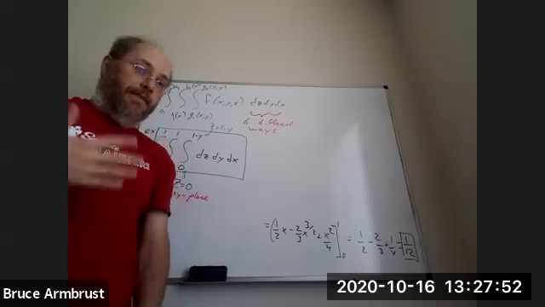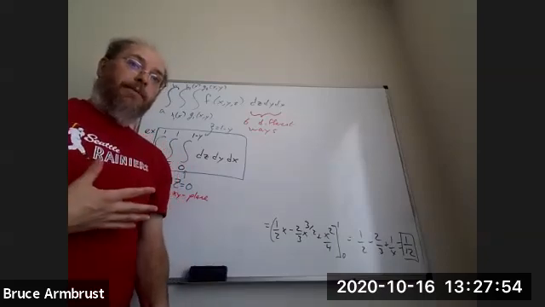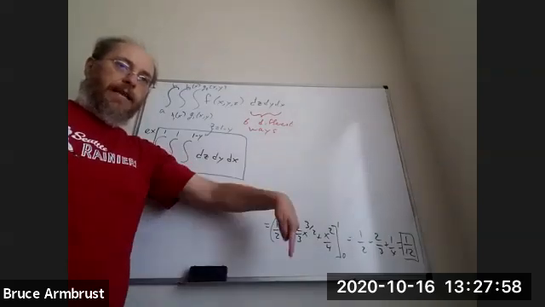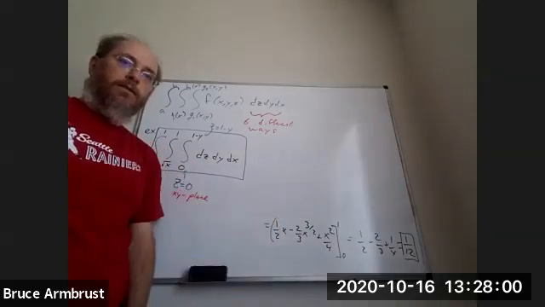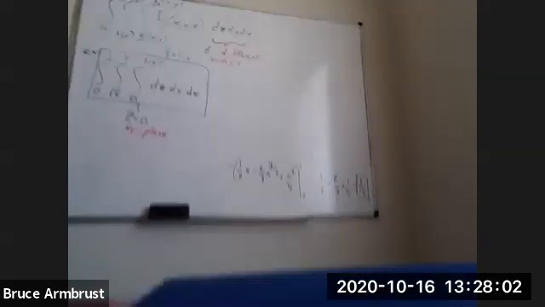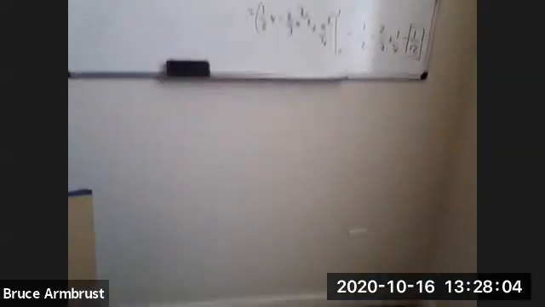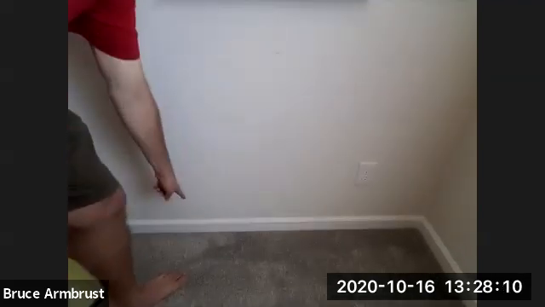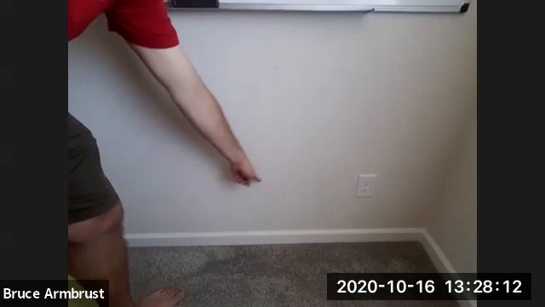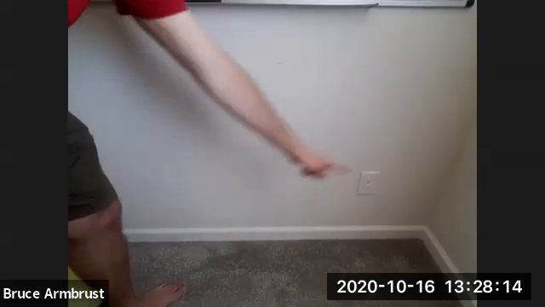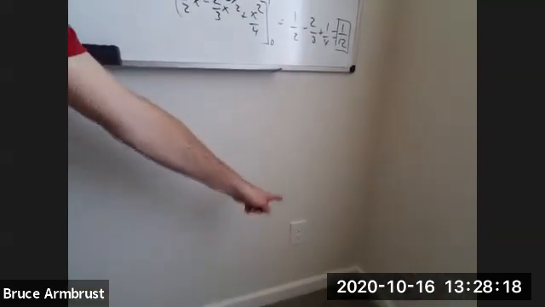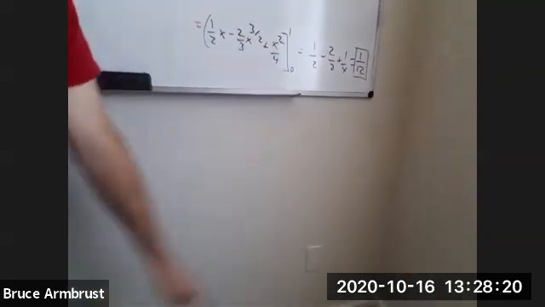Okay, so again, think about my room and how this is set up. The x-axis is down here at the base of the wall. Sorry about that. That border right here, that's the x-axis. The one over on the wall there, that's the y-axis, and the z-axis is the one going up through the seam.